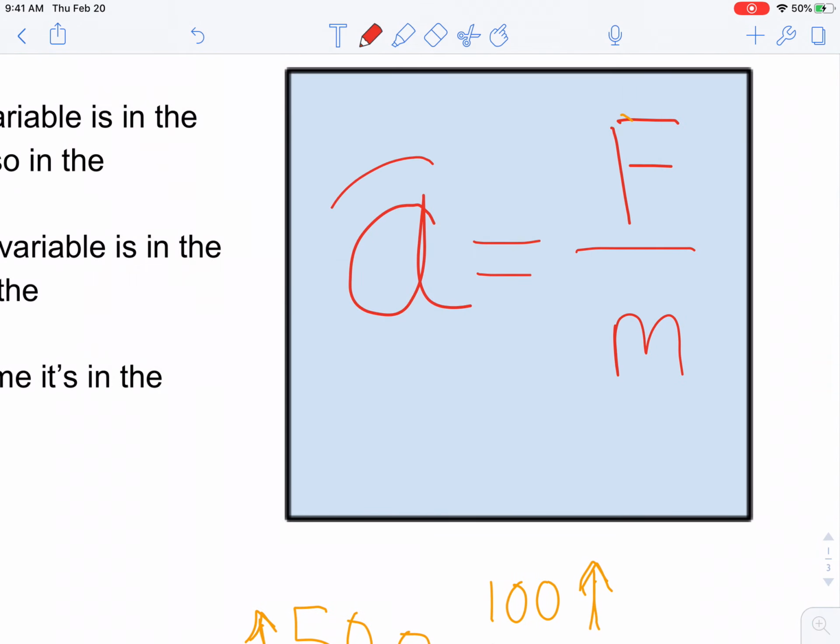Remember that we assume that this is in the numerator because it's not part of a fraction, and if it's not part of a fraction, you can easily make it a over 1 and it stays the same, and now it's really easy to see it's up there in the numerator of that fraction that we just created. I'm allowed to do that mathematically, but mass down here, look at you, mass, hanging out in the denominator all by your lonesome.